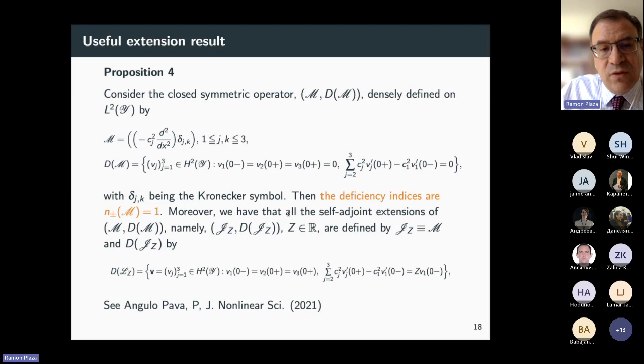And all the self-adjoint extensions of the operator, let's call it J Z with domain D of J Z, where Z is the parameter defined in the delta boundary condition, are given by the operator, just like that, the application of M on this domain, which is of delta boundary condition type.